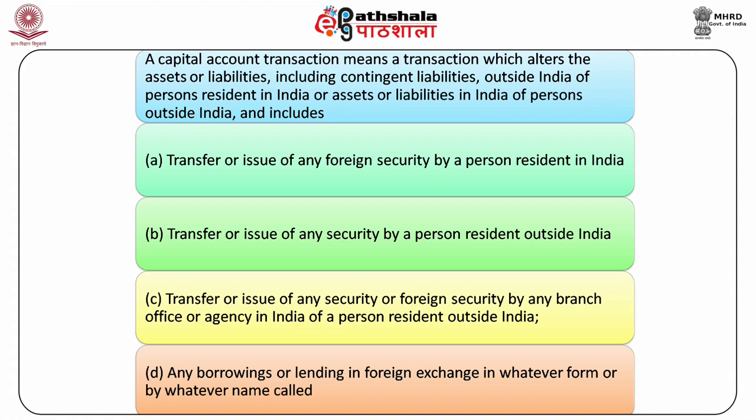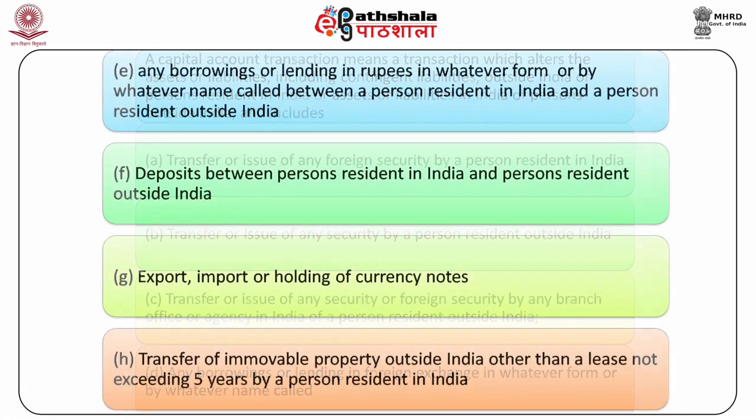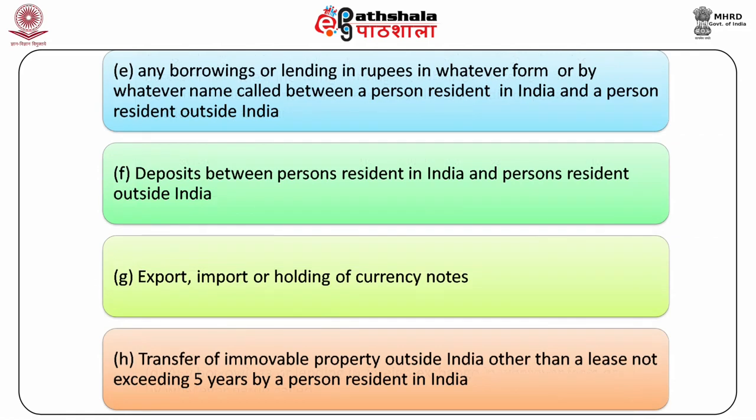D. Any borrowings or lending in foreign exchange in whatever form or by whatever name called. E. Any borrowings or lending in rupees in whatever form or by whatever name called between a person resident in India and a person resident outside India. F. Deposits between persons resident in India and persons resident outside India.